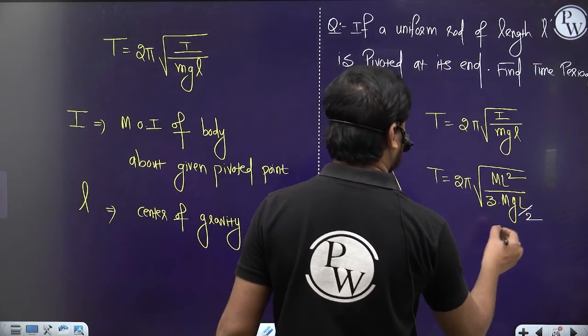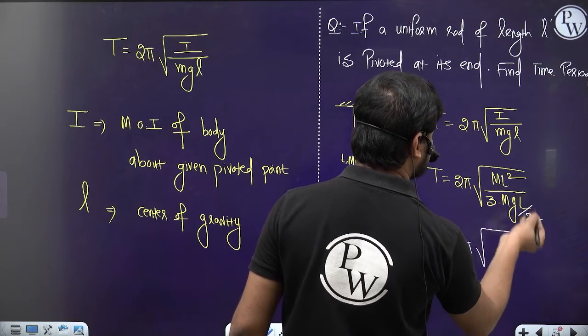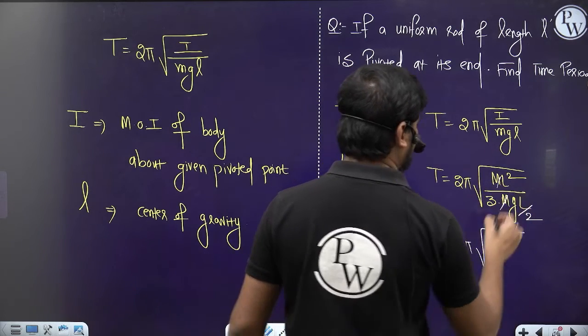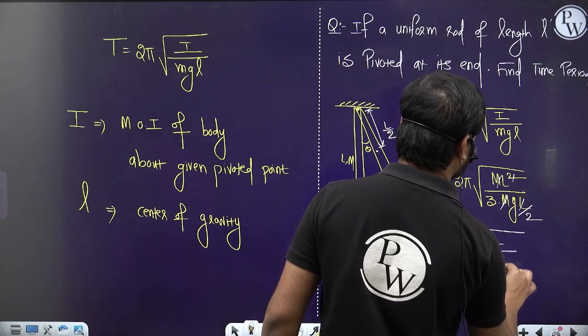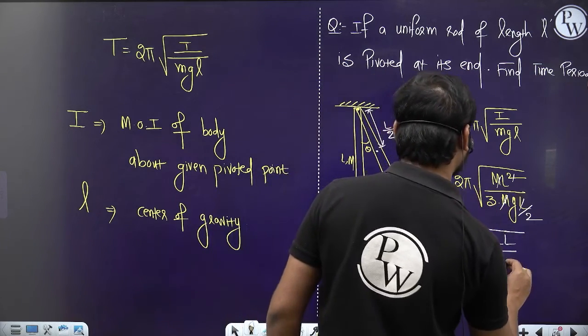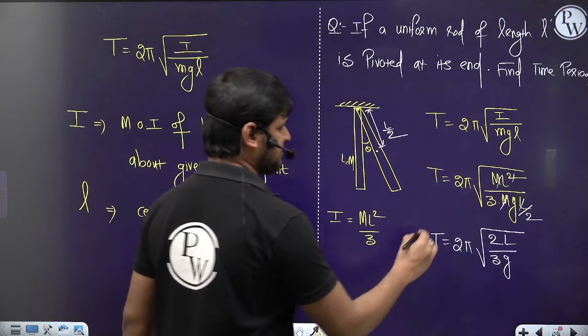So T is equal to 2 pi root over, the m cancels, one L cancels, 2 by 3, so 2L by 3g.